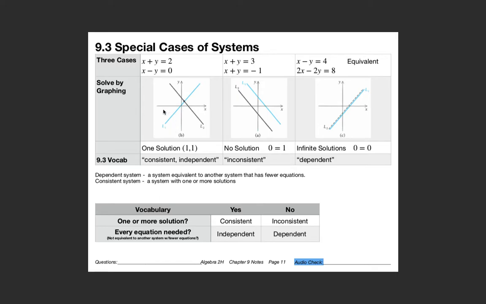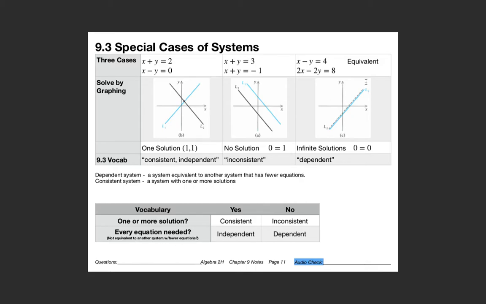Independent systems are very, very good for producing solutions. So we like independence. Is every equation needed? Yes.